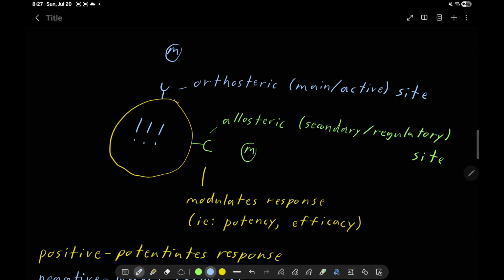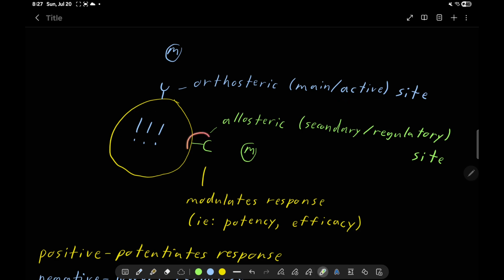So before we close out, let's review what we've learned today. Cells have orthosteric sites and allosteric sites. Orthosteric sites are like your main or active sites. This is where agonists or ligands, endogenous or exogenous, can come and bind, and they can directly produce cellular responses, hence the name active sites.